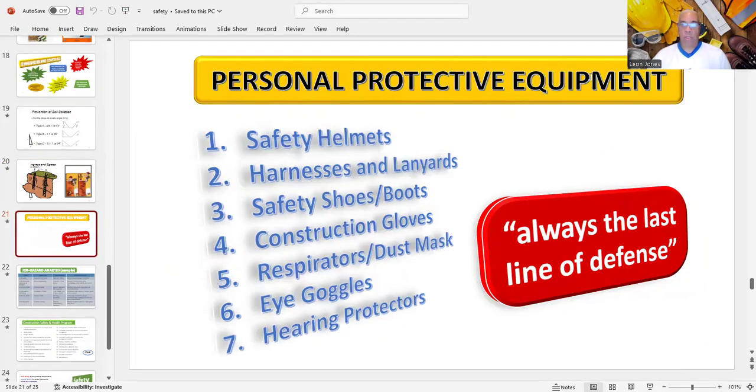And also, something to get into is your personal protective equipment: safety helmets, harnesses and lanyards, safety shoes, boots, construction gloves, respirators, dust masks, eye goggles, hearing protection. It's always the last line of defense.